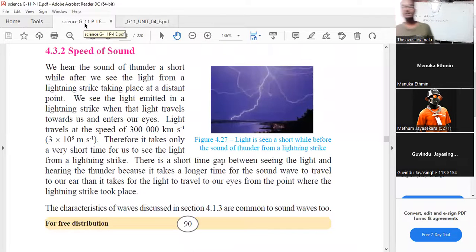Right, we can write like this. In that note, that blank you can write: Sound can propagate from one place to another at a certain speed.